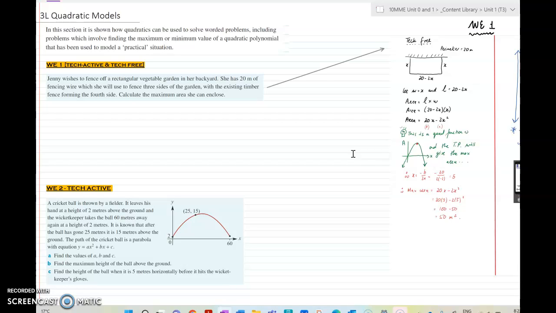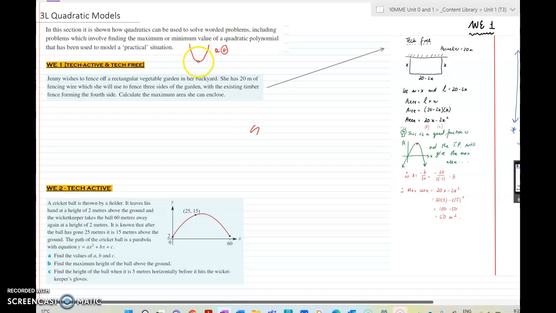For that maximum or minimum value, just remember if your dilation factor A is positive, then you've got a smiley face parabola, and the minimum value will be this minimum turning point over here. And if your dilation factor is negative, then your turning point will be a maximum value. So if A is positive, that's always a minimum turning point, and if A is negative, your turning point is always a maximum.